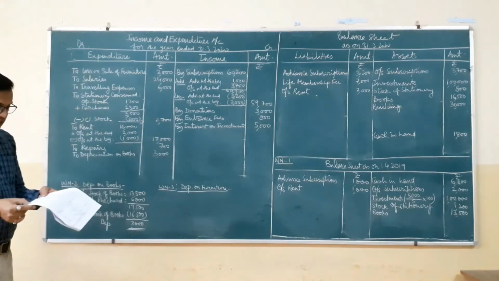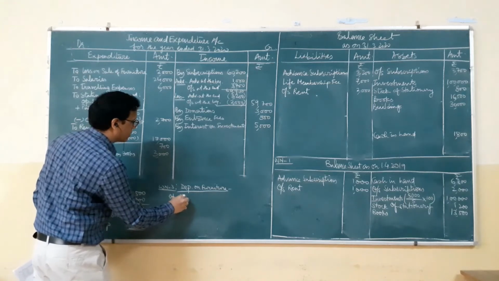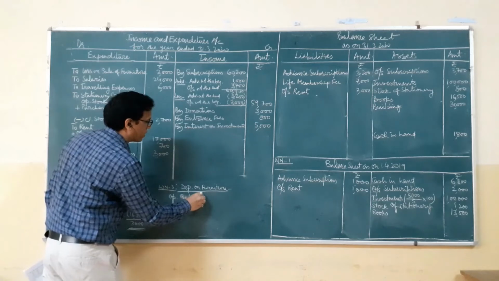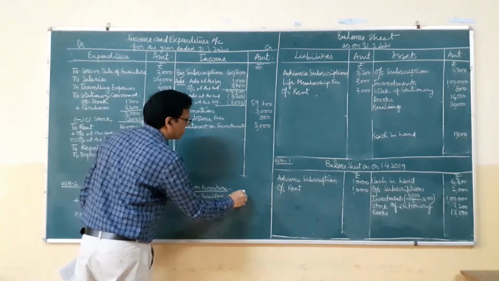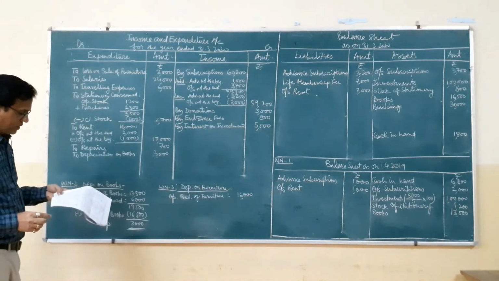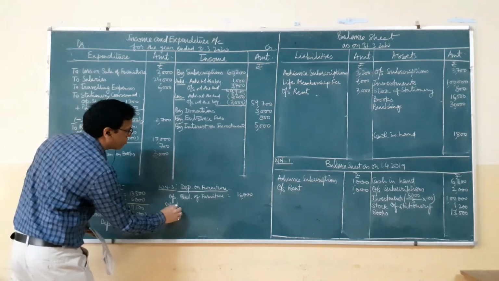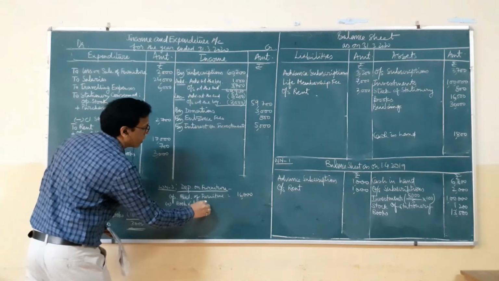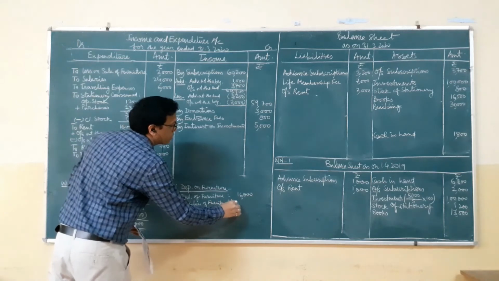Here, furniture was 16,000 rupees. So here we write opening balance of furniture. That is 16,000. Now we are given that some amount of furniture was sold. So that will subtract, minus book value of furniture sold. This is 6,000.